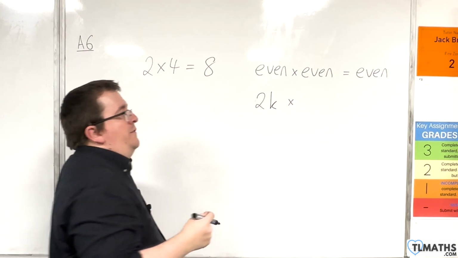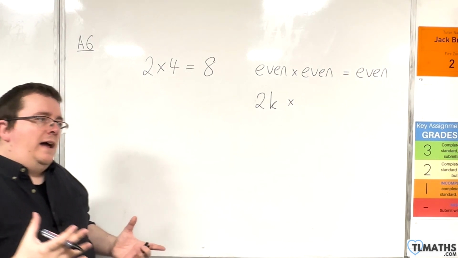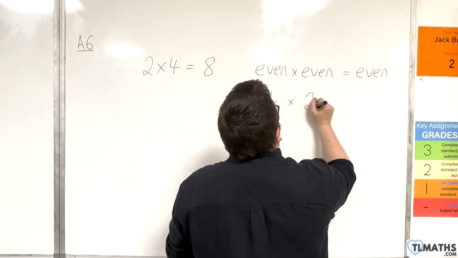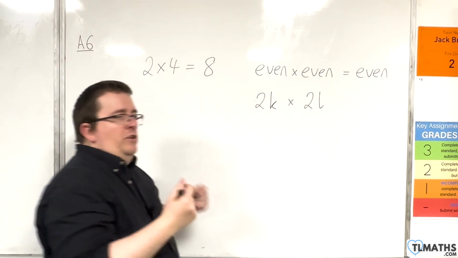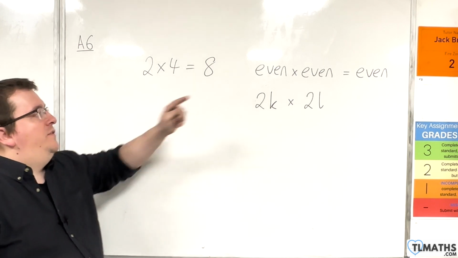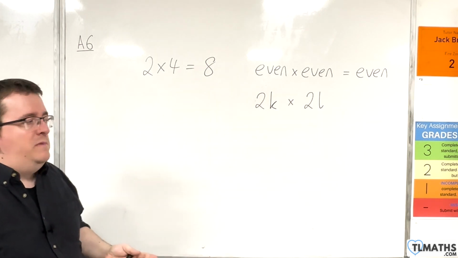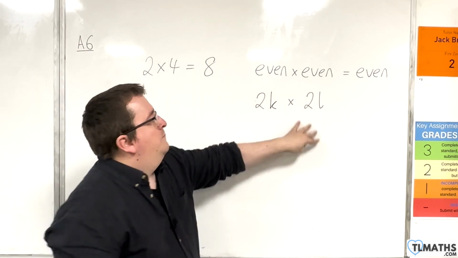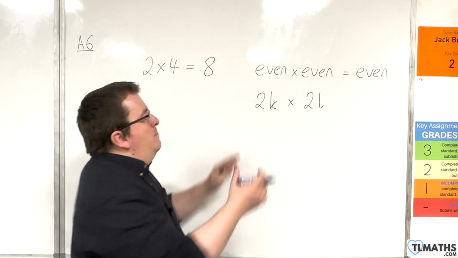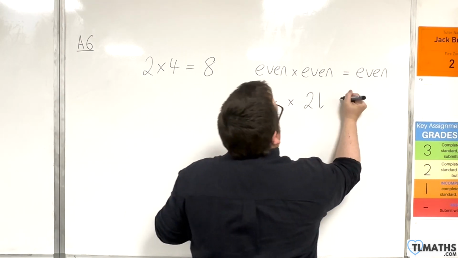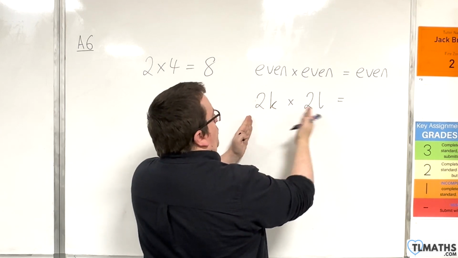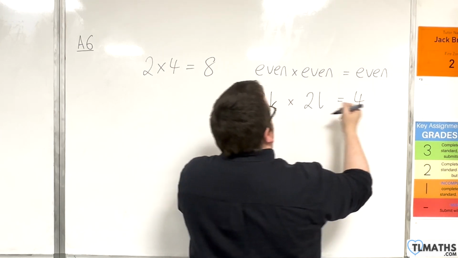And if I had another even number, then I could write that as 2 times L. Now I've got to use a different letter there because these two even numbers don't have to be the same number. So I could have 2k and 2L. Now when I multiply these two together, I'm going to get 4, because 2 times 2 is 4, KL.